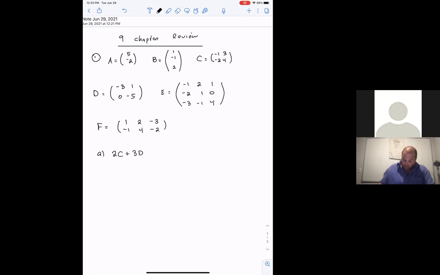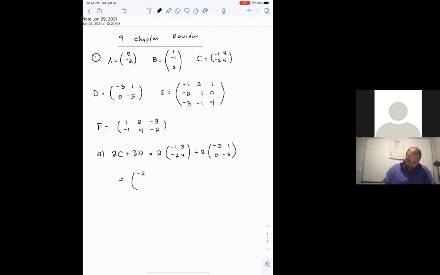Well, C and D are both 2 by 2 matrices, so this should exist. 2 times -1, 3, -2, 4, plus 3 times -3, 1, 0, -5. So we have 3 operations here, 2 times the first matrix, plus 3 times the second matrix. Multiplication first. How do you multiply a scalar times a matrix?